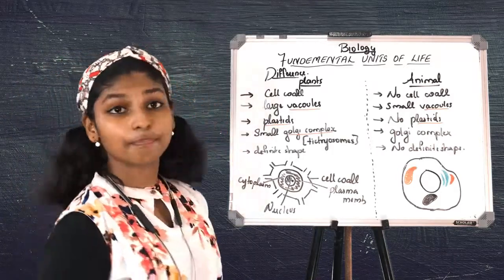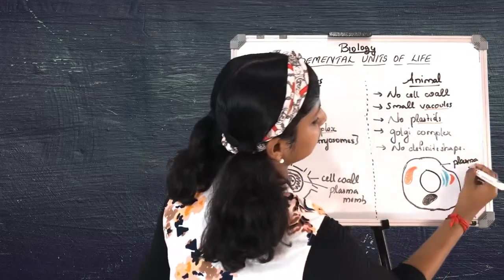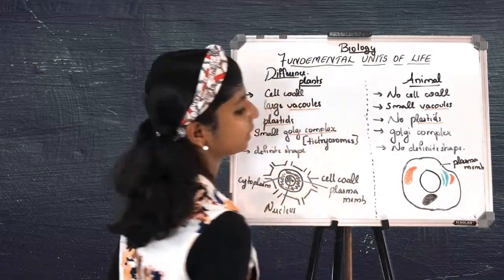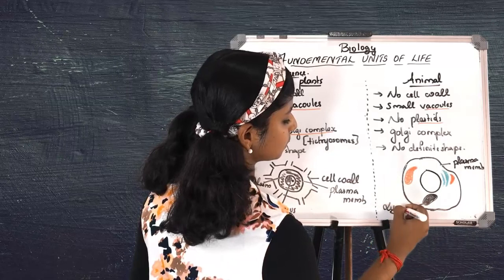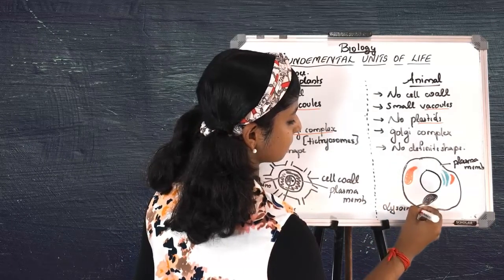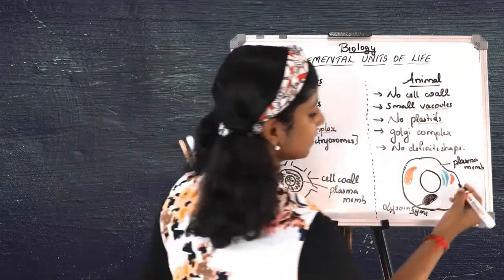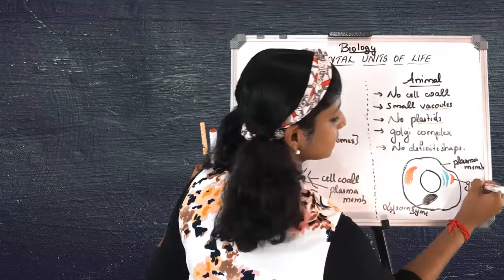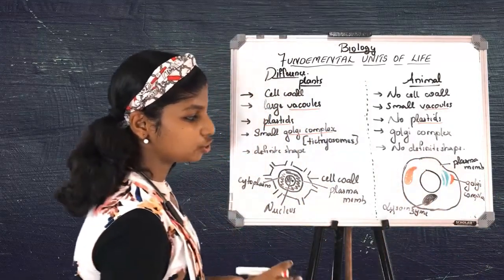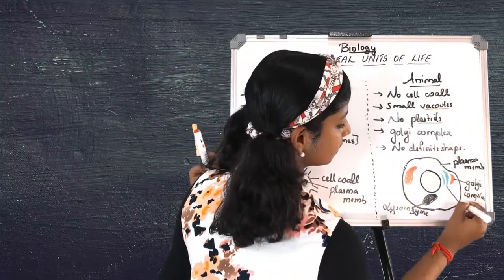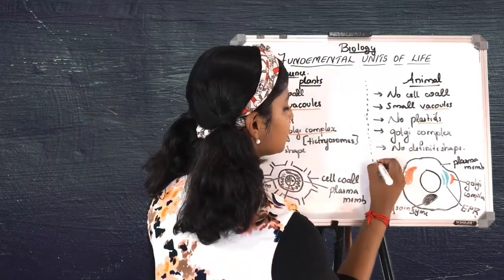Now moving on to the animal cell, we have the plasma membrane, then we have the lysosome, which contains enzymes. So this is the plasma membrane, and this black thing is the lysosome, and we have the Golgi complexes, and the green one is the endoplasmic reticulum, that is the ER, and the red thing is the mitochondria.